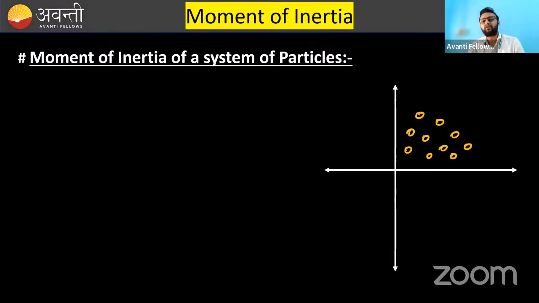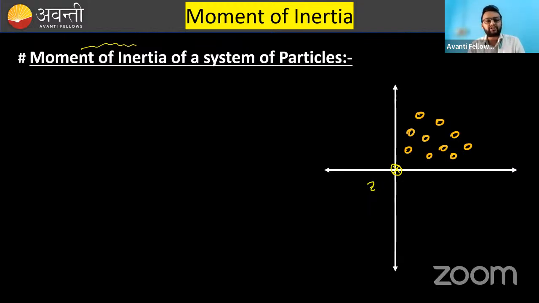So the most important thing in rotation is the axis. When I talk about moment of inertia or rotational inertia, the important thing is the axis. Let's consider the axis is our z axis. These particles are rotating about the z axis.